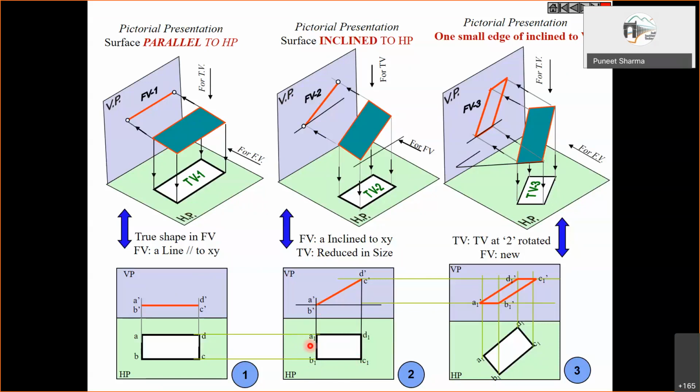So here, this edge which is parallel to the horizontal plane has to be drawn at the desired inclination with the XY line. Suppose we have the condition that one of the shorter edges is parallel to the horizontal plane and inclined at 60 degrees to the vertical plane.